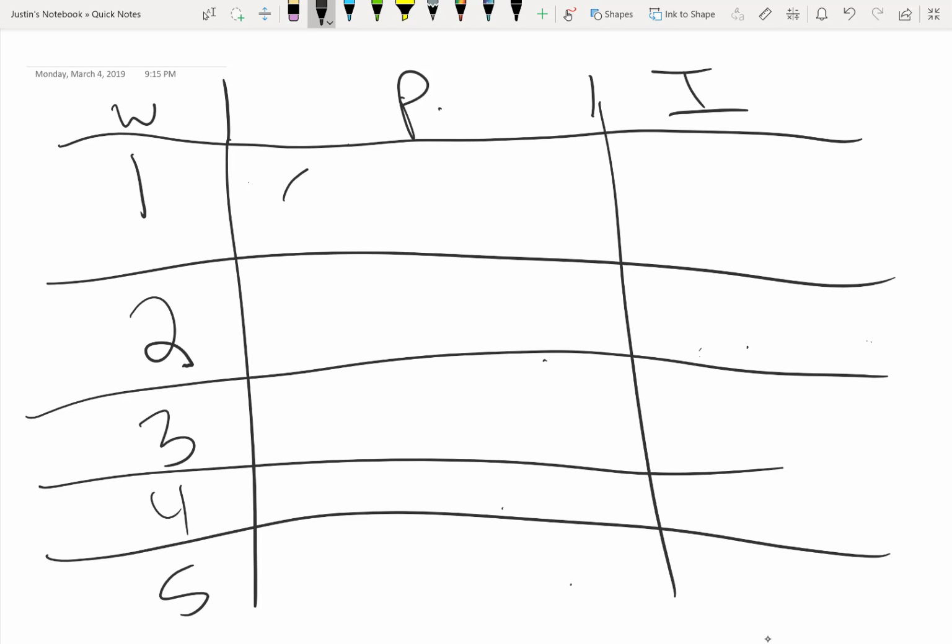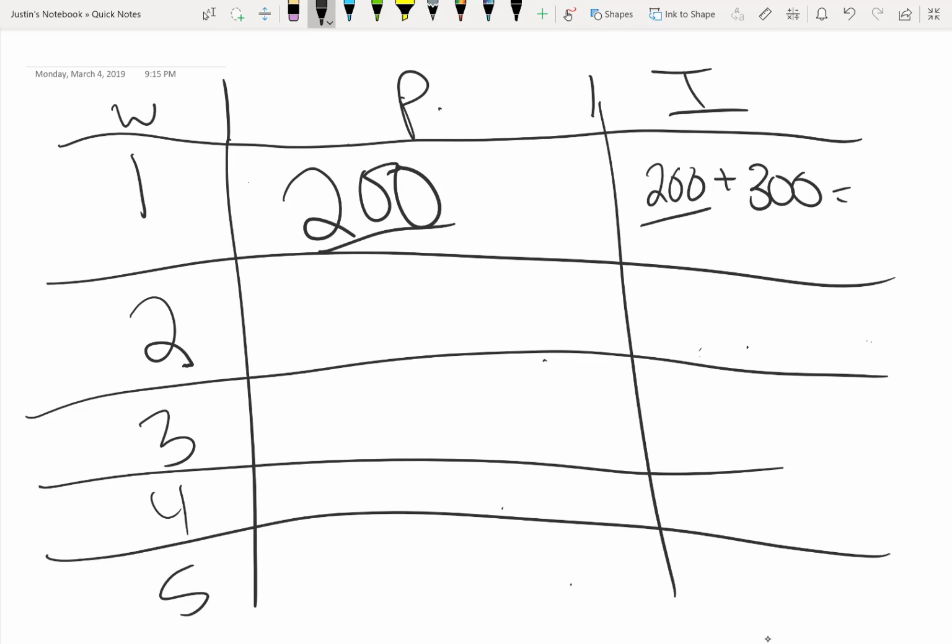So primary started with 200, and they get 200 every week, but the intermediate school had the 200 plus the additional 300 for their first week, and after that they kept getting the 200. They get 200 every week, and that equaled 500 that the intermediate school started with. So now you just add 200 to each one of these. So our next row, 200 plus 200 is 400.